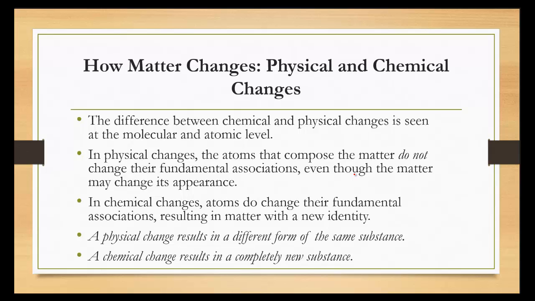In a chemical change, atoms do change their fundamental associations, resulting in matter with a new identity. A physical change results in a different form of the same substance, whereas a chemical change results in a completely new substance.